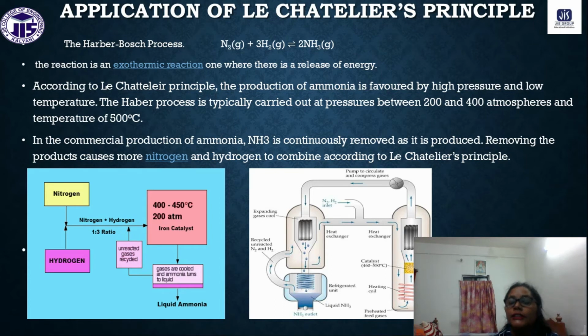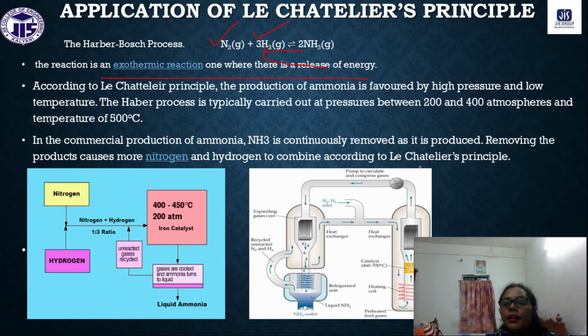Now the Haber process is an exothermic reaction, right? So if we increase the temperature, that means the backward reaction will take place. From ammonia, more ammonia will dissociate into nitrogen and hydrogen atoms.